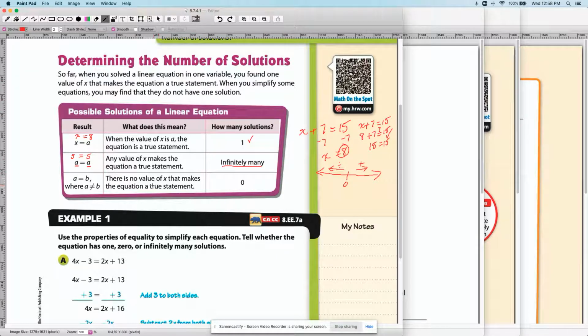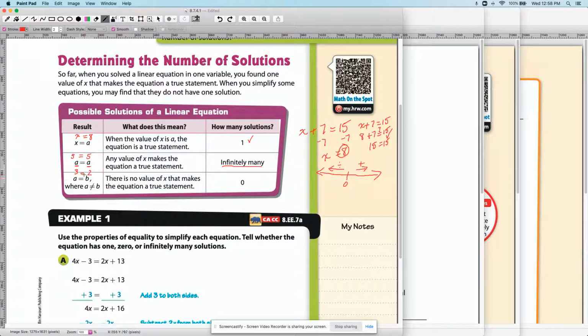Finally, the last type of equation we are going to get is when one number equals a different number, and that could never be true. An example would be 3 equals 2. Okay, 3 never equals 2. It cannot happen.